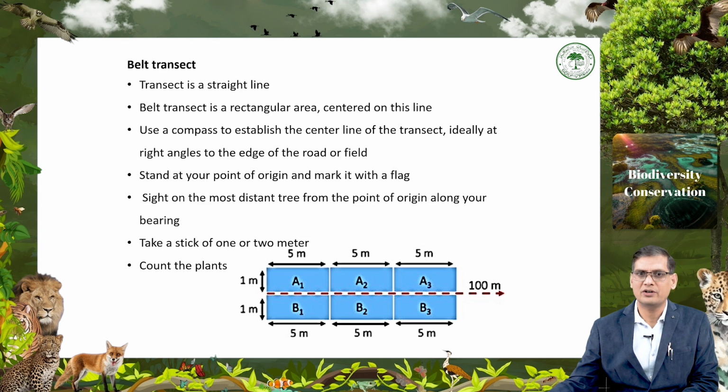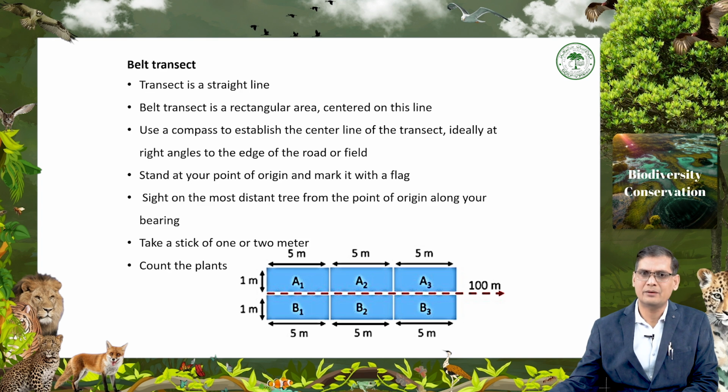Stand at your point of origin and mark it with a flag or with a color on some plant and sight on the most distant tree from the point of origin along your compass bearing. Then take a stick of 1 or 2 meter and count all the plants which are 1 or 2 meter from the line.